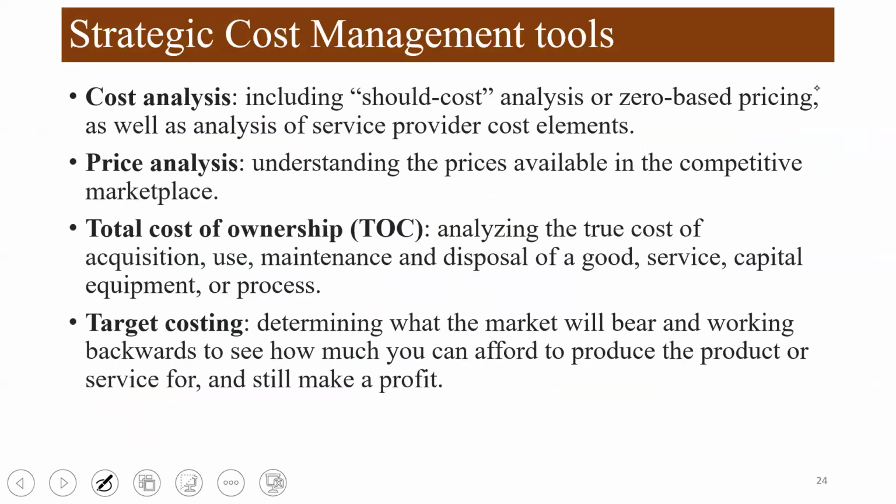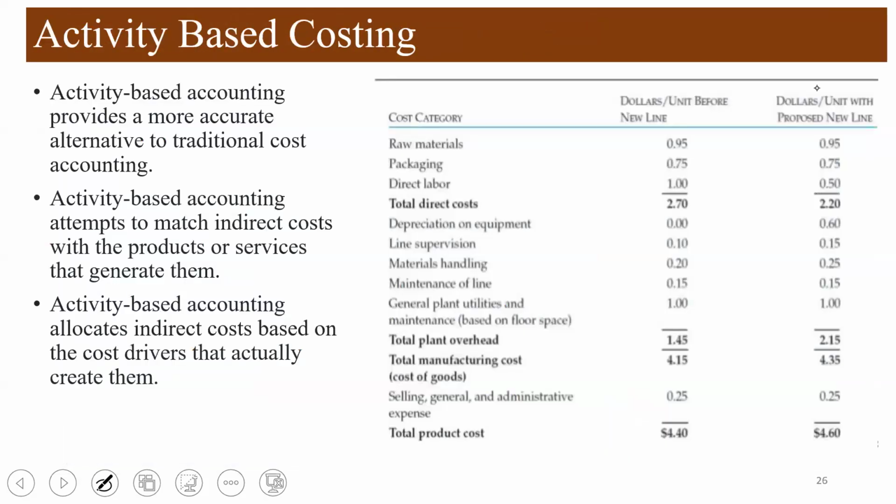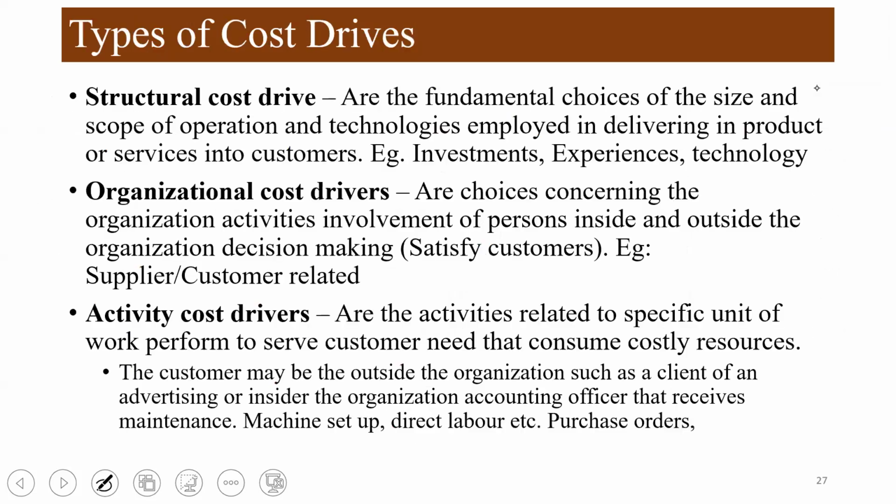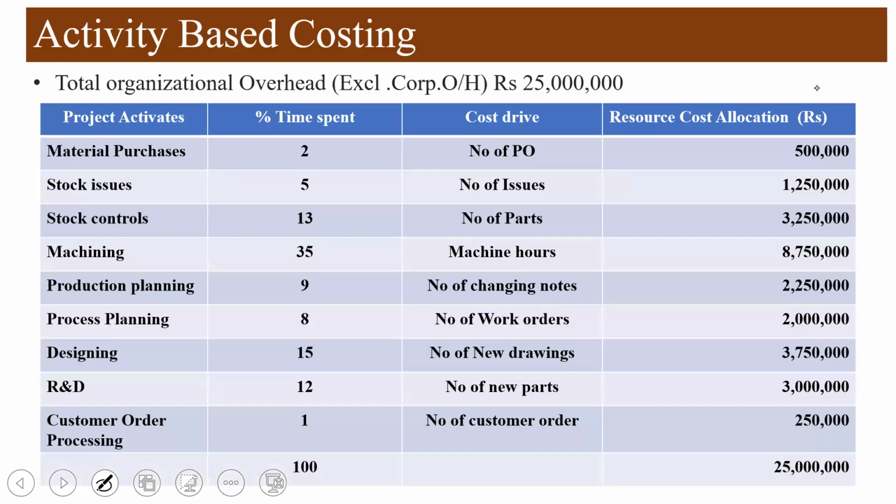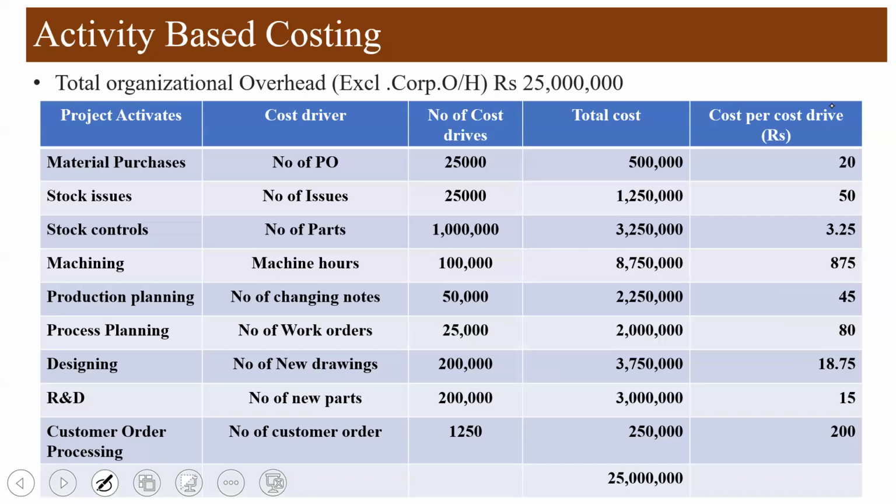Using the drivers, you can develop a table in this way. These are the cost drivers: number of POs, number of issues, number of parts, machine hours, number of change notes, number of work orders, number of new drawings. So you can take time or numbers or whatever, then get the total cost and cost per driver, and you can analyze in this way, right?